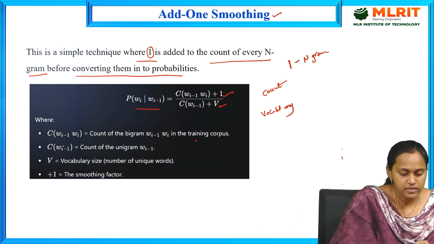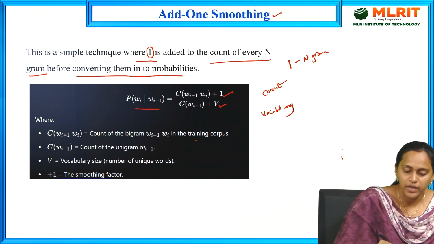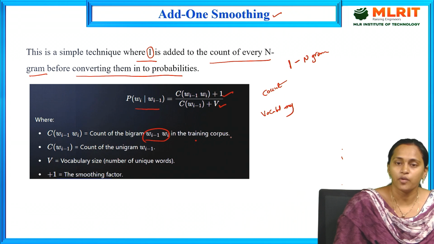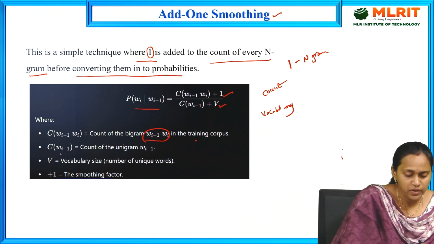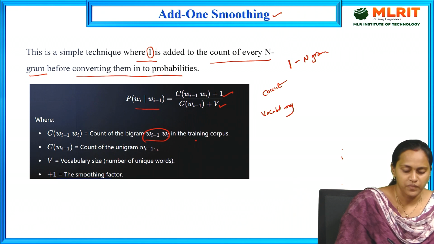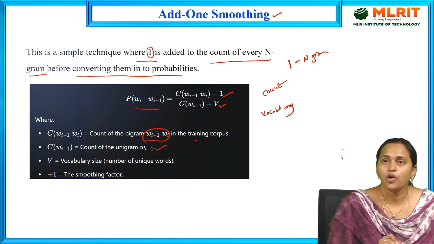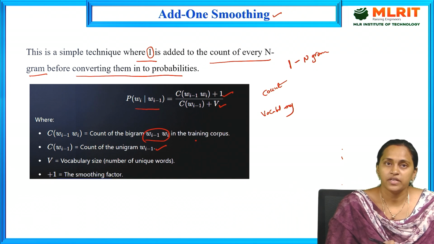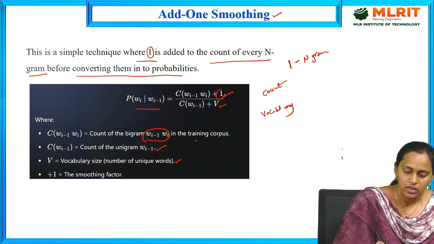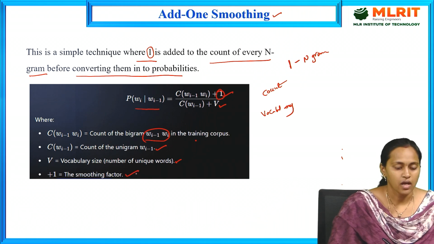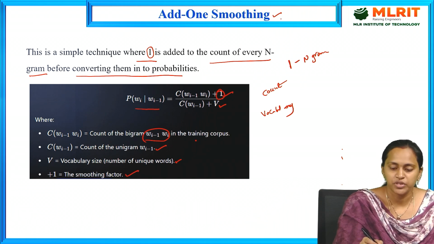C of Wi minus 1, Wi is the count of the bigram in the training corpus. C of Wi minus 1 is the count of the unigram. V is the vocabulary, that means how many unique words or unigrams are there. Plus 1 is the smoothing factor. This is the explanation of add-one smoothing.